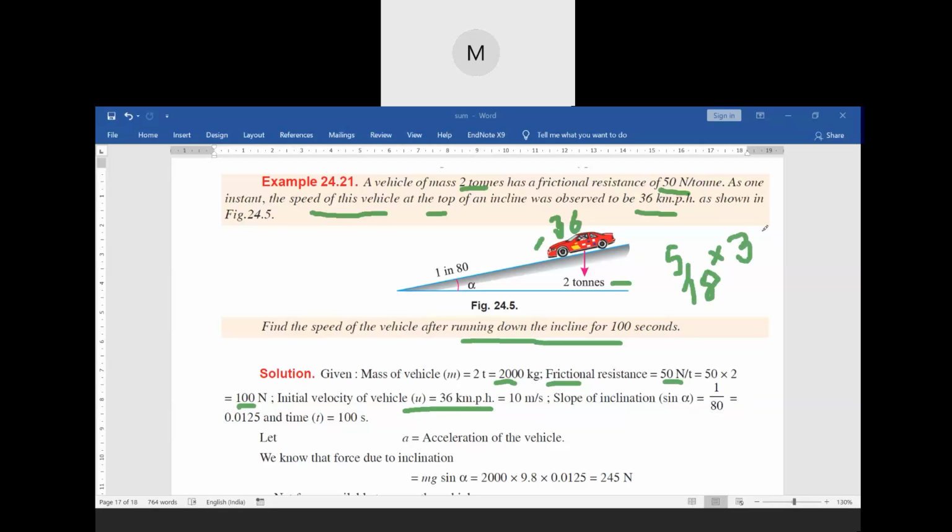So for kilometer per hour, to take into meter per second, you have to multiply it by 5 by 18. So it is 18 into 2 is 36 and it is 10. That means equal to 10 meter per second. Is it clear, everyone?